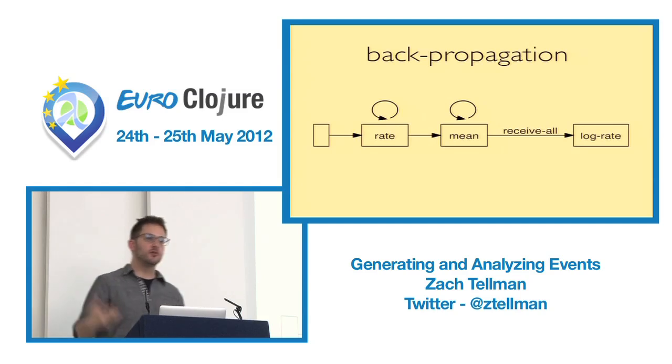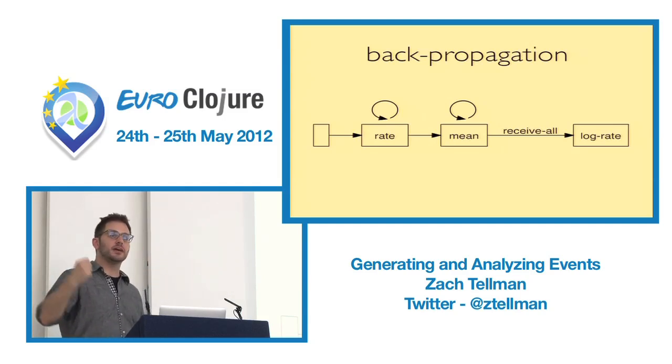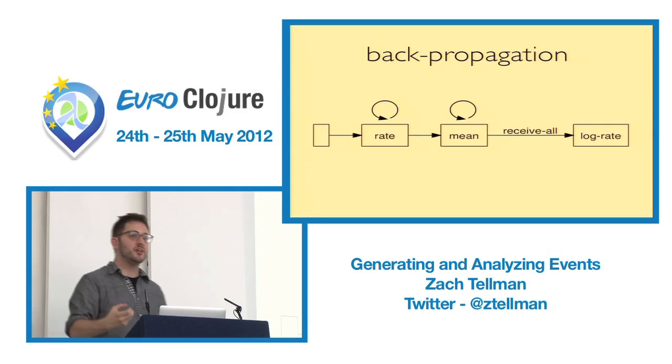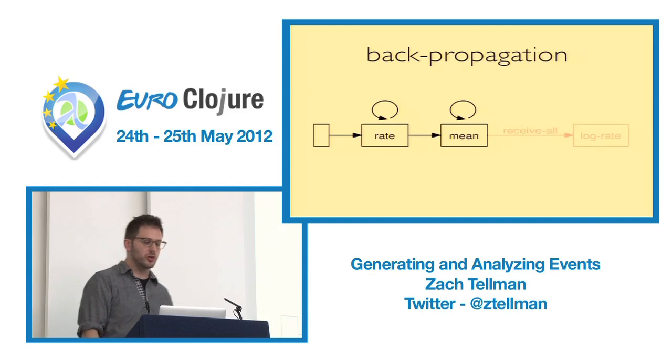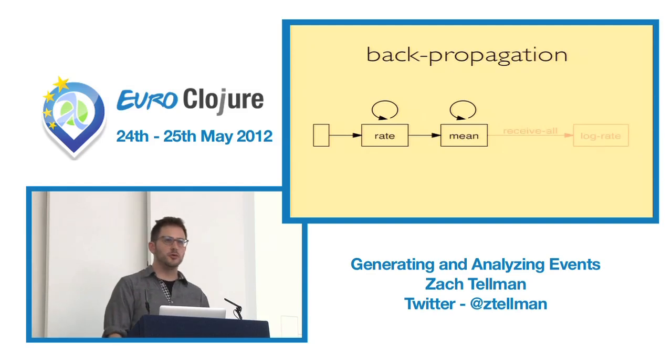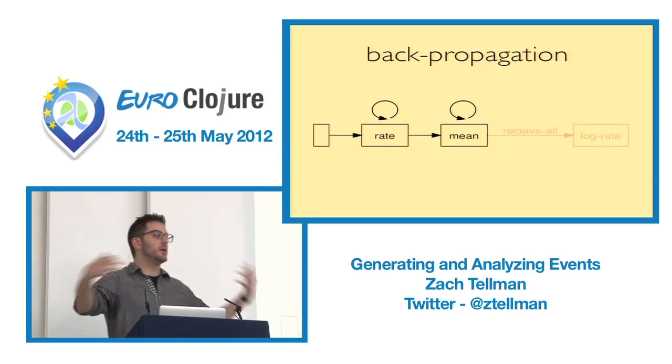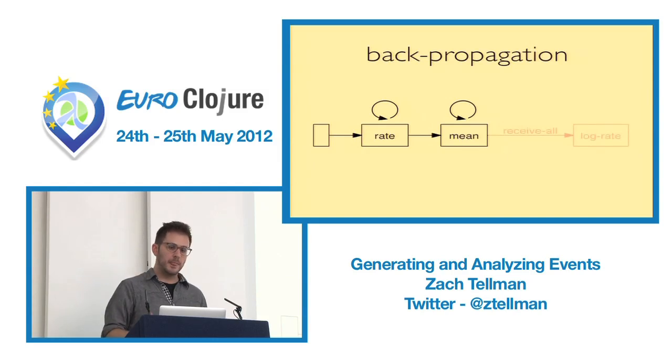There's no way for a consumer to communicate, hey, I don't care anymore. They can ask for the next message, but that's it. And so if we decide that we no longer want to log the mean rate of messages flowing through here, this will just accumulate forever, unless we have some representation of this topology, unless we have something that sits above this seek abstraction. And so, again, that's completely doable.